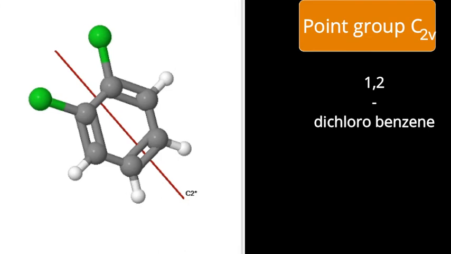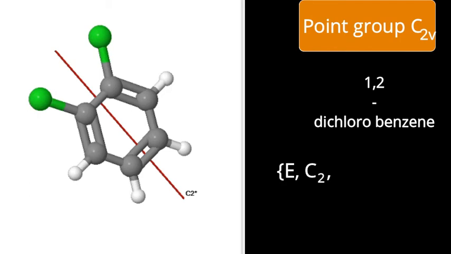Yes, there is a C2 axis. See here, the C2 axis is represented. How many operations are possible on the C2 axis? Only one. So what will I do? I'll represent it as identity E, comma, C2. Identity is a basic, trivial operation that will be there for any molecule.